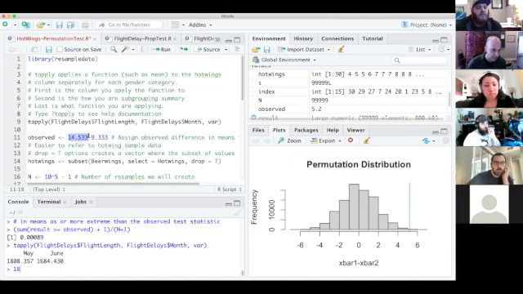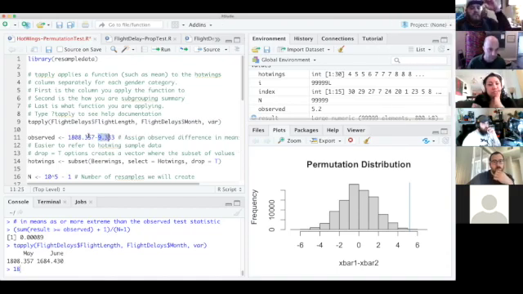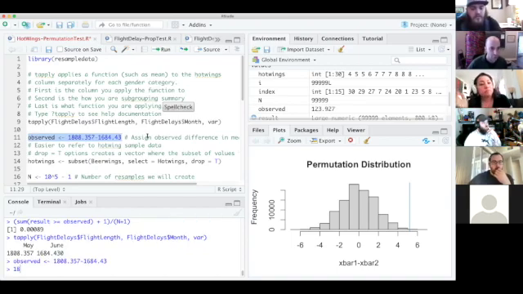This tells me how to update my observed difference. And the other one is 1684.43. So now I just ran that.